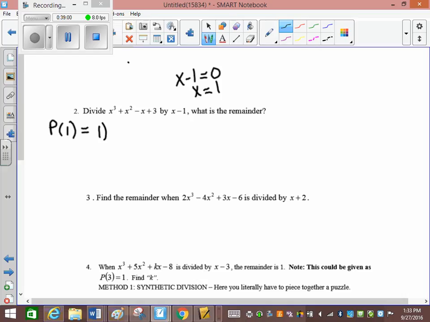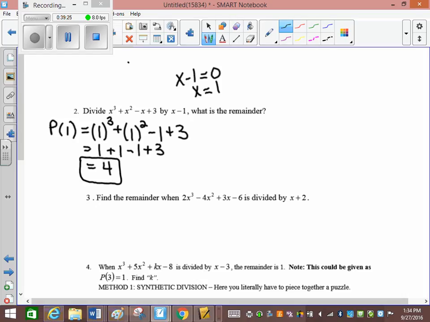So 1 cubed plus 1 squared minus 1 plus 3 equals: 1 cubed is 1, 1 squared is 1, minus 1 plus 3. And then you get 1 plus 1 is 2, minus 1 is 1, plus 3 is 4. So that's my remainder, 4.